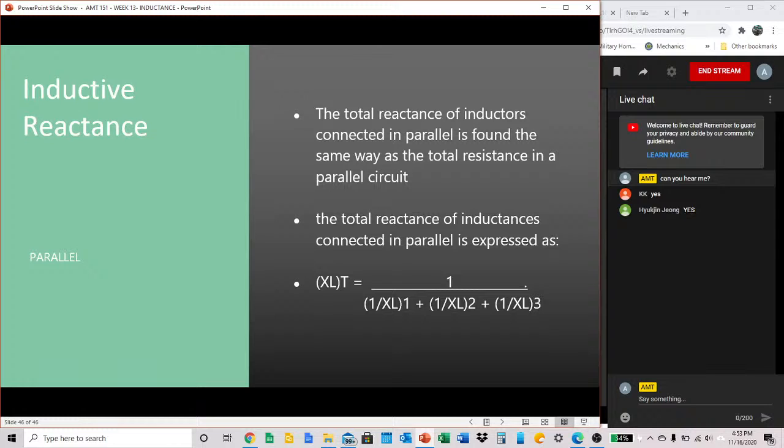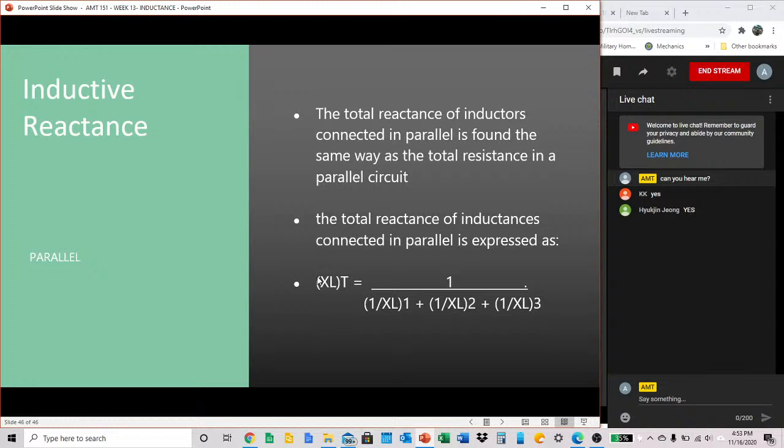And your inductive reactance in a parallel AC circuit. The total reactance of inductors connected in parallel is found the same way as the total resistance in a parallel DC circuit. The total reactance of inductances connected in parallel is expressed as, and you have your formula here. You can see it in two different ways, similar to how you would see it with resistances.